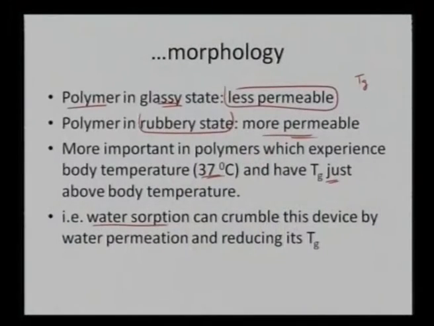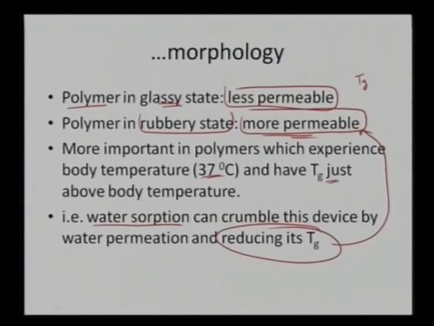Because water absorption or enzymatic action can reduce the glass transition temperature of the polymer, that will make it rubbery, and rubbery means more permeable, and that will lead to strong degradation or absorption of the polymer.